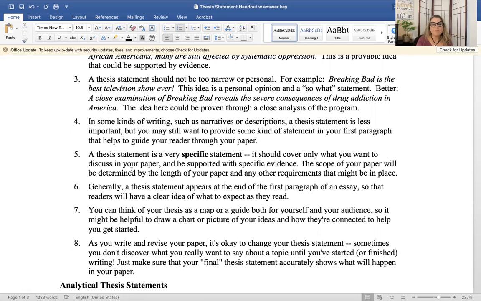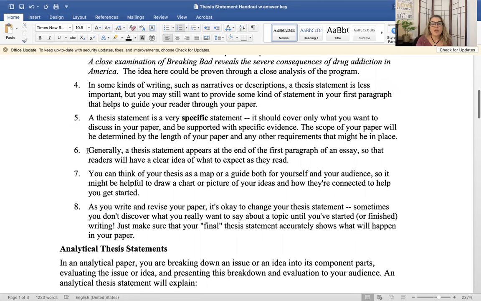Okay. All right, number 6, generally a thesis statement appears at the end of the first paragraph of the essay, which is an introductory paragraph. And I would say, I'm not good with percentages, but let's just say 99% of college English papers, you're going to end your introductory paragraph with your thesis.